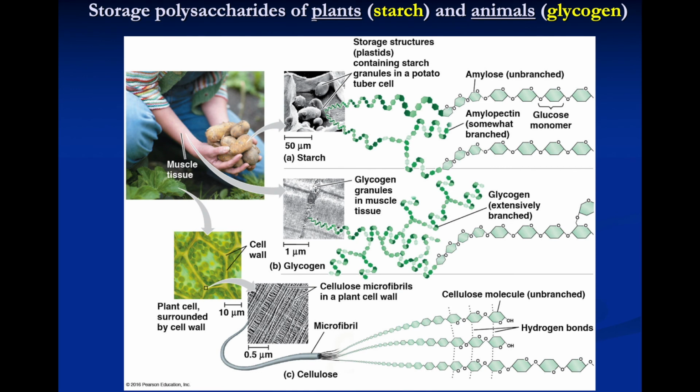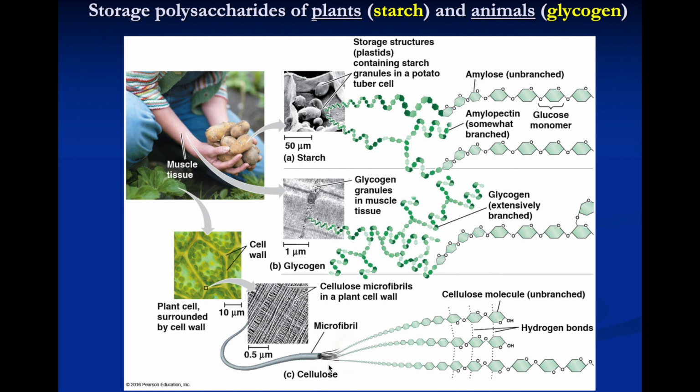So as you can see with plants, they have the monomers of alpha glucose and it forms starch right here. And we also use alpha glucoses to put together to form glycogen. And so we do have the enzymes to be able to break down both starch and glycogen.